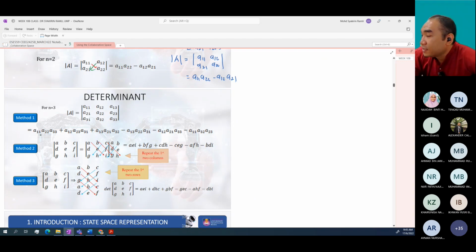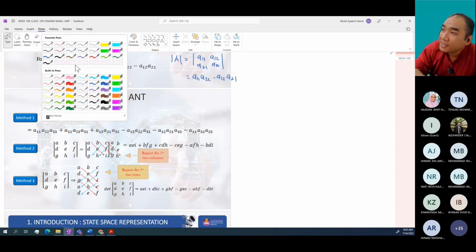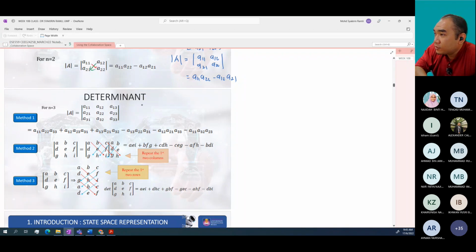The first one, we can compute the determinant of the matrix A simply by, okay, dia tulis macam ni kan. Alright. So the determinant of the matrix A is equal to, okay, we take A11, kita akan ambil A11. So note the first element here, A11, and then we take the determinant of, apa dia panggil, cofactor ke apa? Okay.